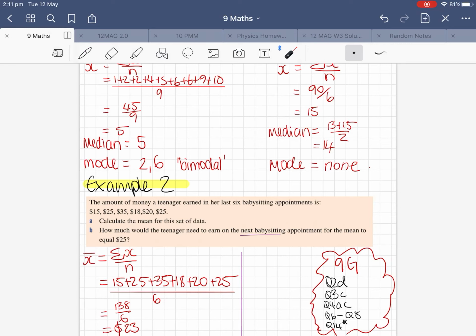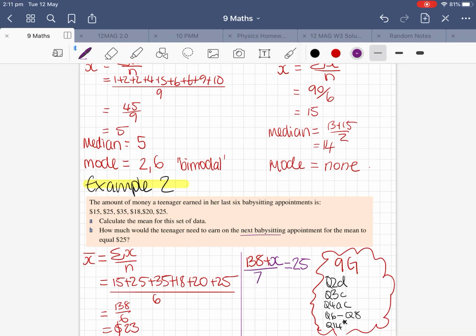So in other words, we expect 138, which is what all of these red values add to, 138 plus X, an unknown 7th value, on 7 gives us the mean 25.